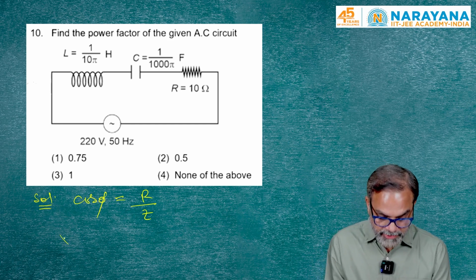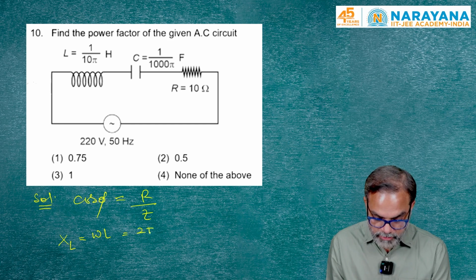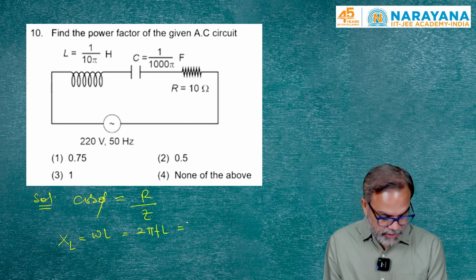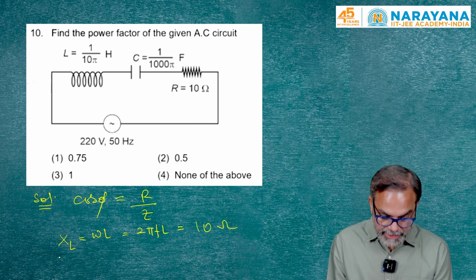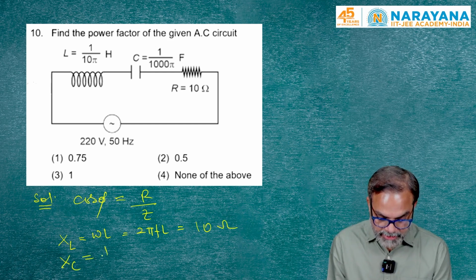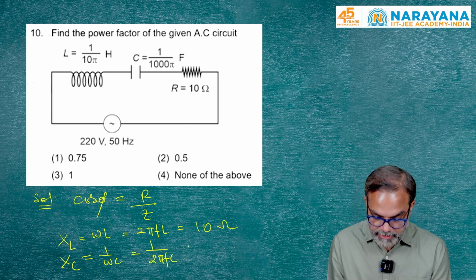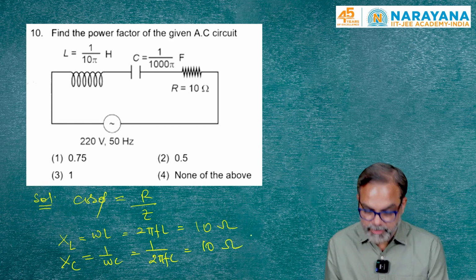Now if I look at the values, if I calculate XL, which will be omega L, that is 2 pi FL, putting the values I get 10 ohm, right? Similarly, if I calculate XC, capacitive reactance, that is 1 over omega C, that is 1 over 2 pi FC, that also works out to be 10 ohm.